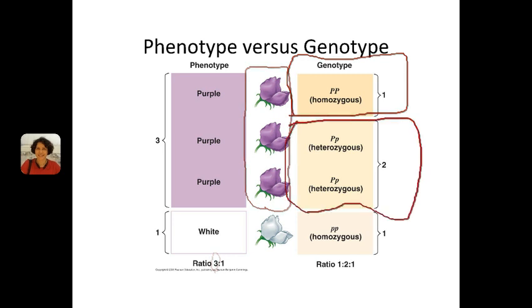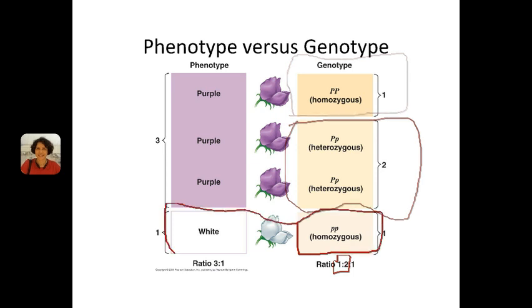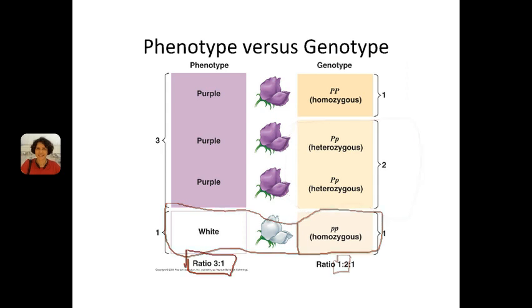So that 3 is composed of 1 and 2. And then this 1 of the phenotype is the same as the 1 in the genotype. So 3:1 in the phenotype is the same as 1:2:1 in the genotype.